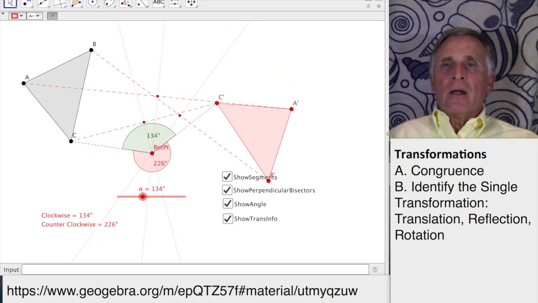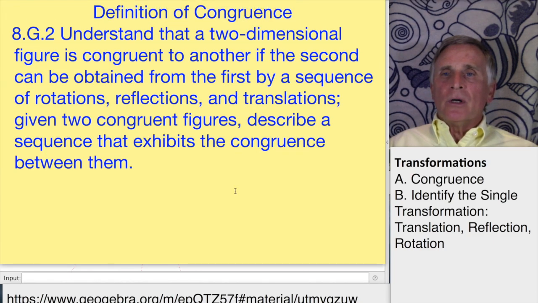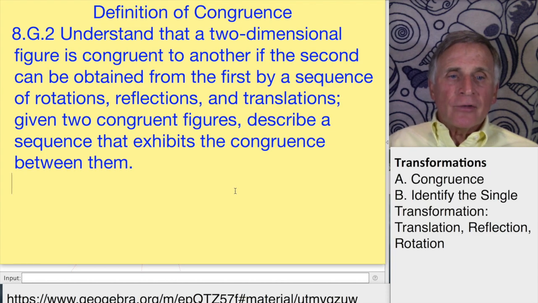Again, our definition of congruence was that a two-dimensional figure is congruent to another if the second can be obtained from the first by a sequence of rotations, reflections, and translations. Here we only described it as if it occurred from a single transformation: translation, reflection, or rotation.